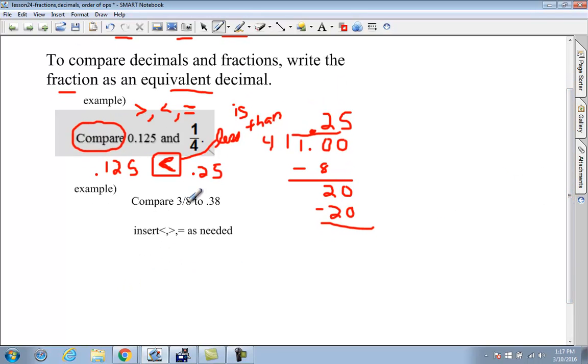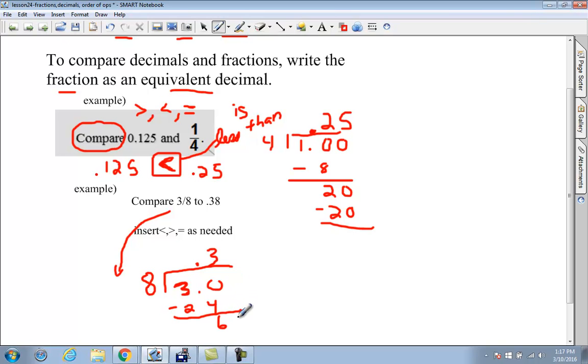Again, compare 3/8 to 0.38. Well, I've got to grab 3/8 and convert it. So I'm going to take 8 into, unless I naturally know what that is, some people do, line up the decimal. 8 into 30 goes about 3 times. Draw the line and subtract.